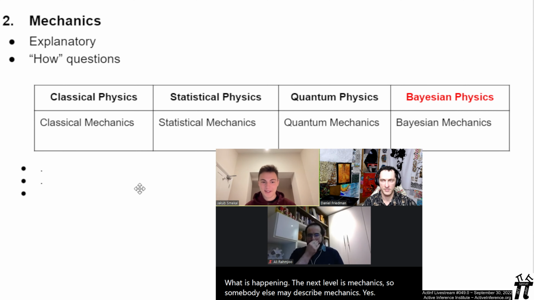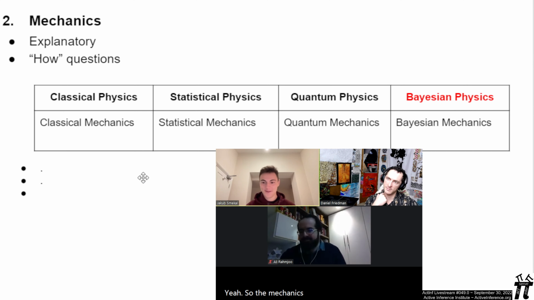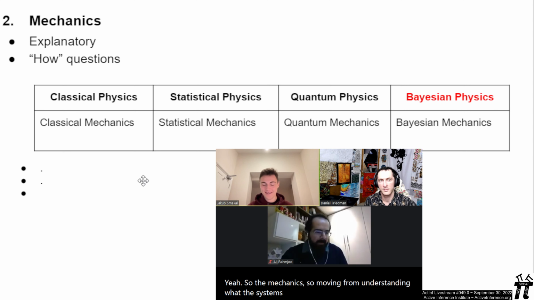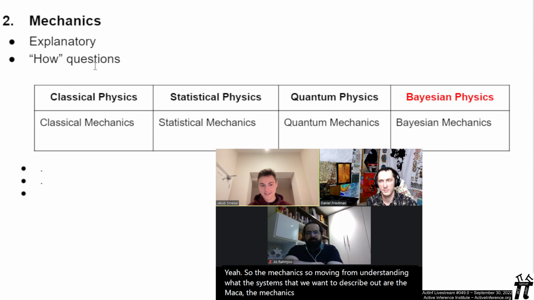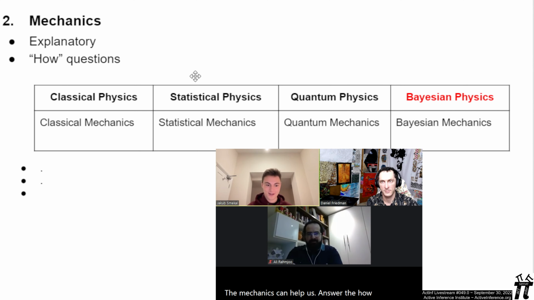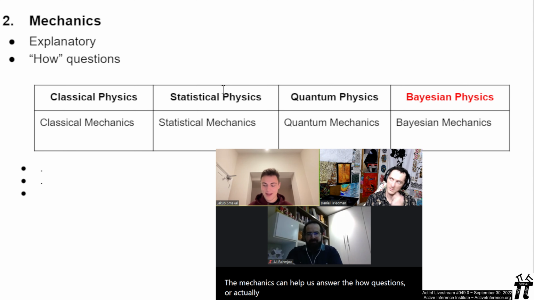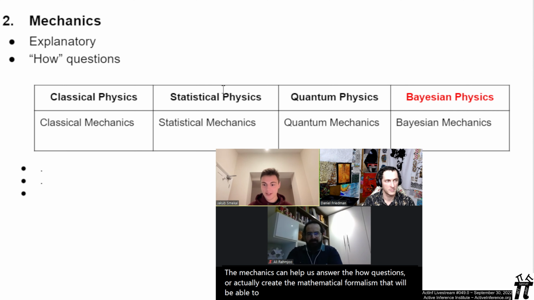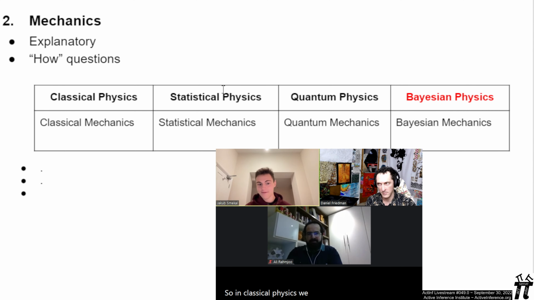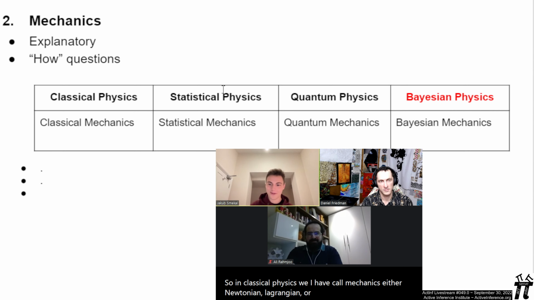Yeah, so moving from understanding what the systems that we want to describe are, the mechanics can help us answer the how questions, or actually create the mathematical formalism that will be able to make predictions about what is going to happen and how it happens. So in classical physics, we have classical mechanics, either Newtonian, Lagrangian, or Hamiltonian.